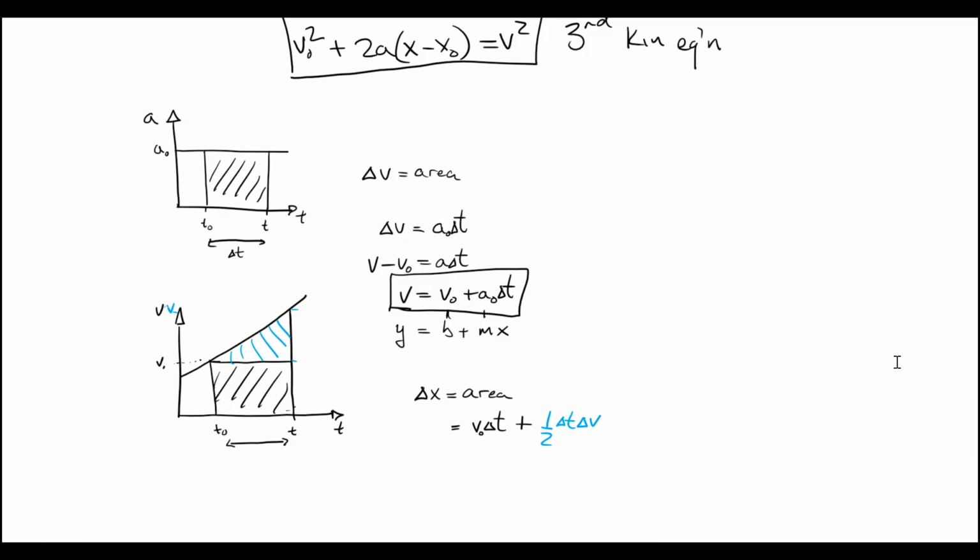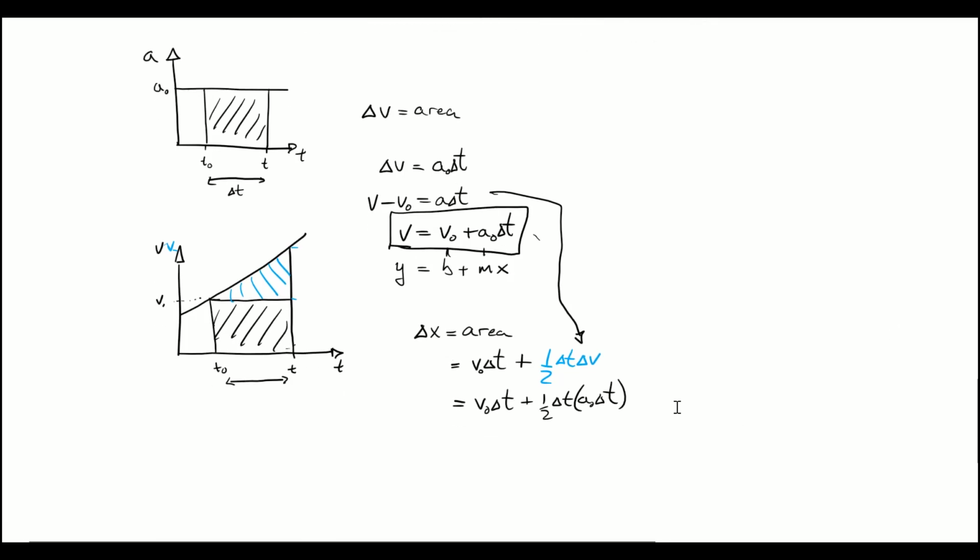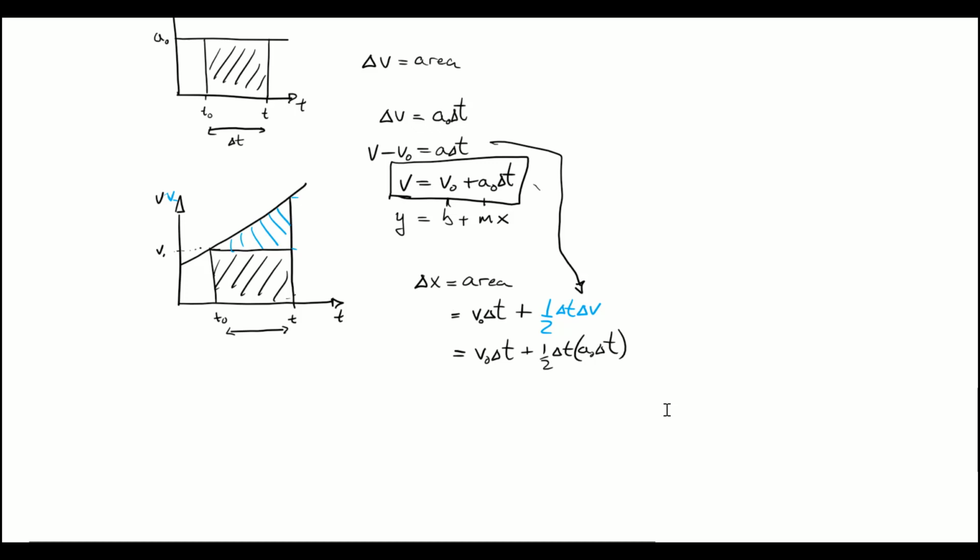We can do a bit of substitution here, since we know what that delta v is. That area under the curve is v naught delta t plus 1/2 delta t times a naught delta t. Or if I simplify all of this, I get the second kinematic equation: delta x is equal to v naught delta t plus 1/2 a naught delta t squared.